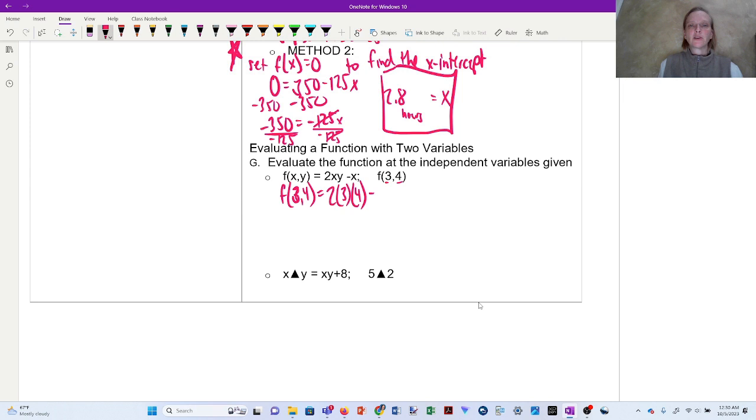I see another x here, so I've got to plug a 3 in for that. So what I need to do here is 2 times 3 times 4, and that's going to be 24. And then I'm going to subtract 3. 24 minus 3 is 21. So I have just determined that the function where 3 is x and 4 is y equals 21.